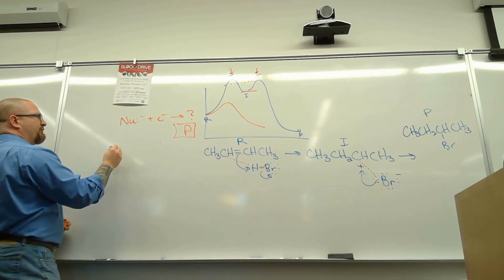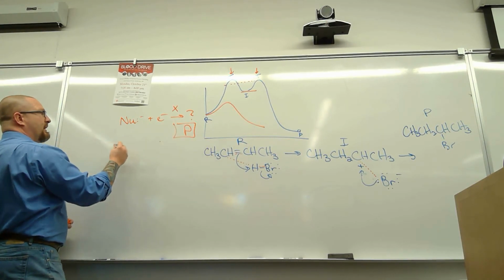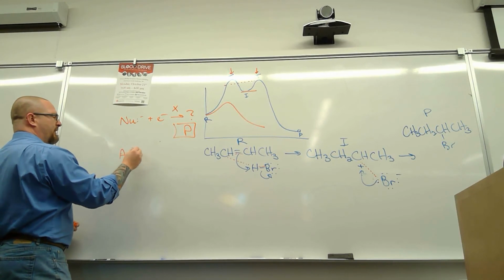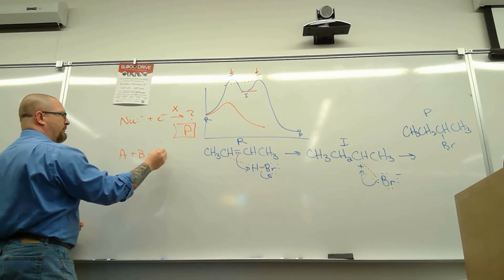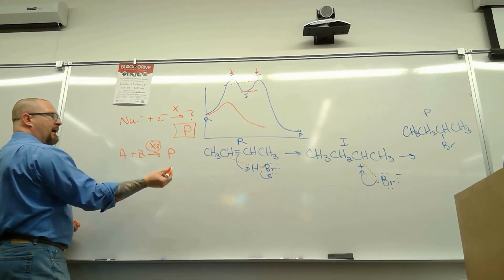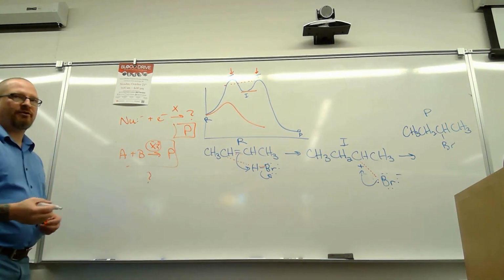And then you have the question, with reaction conditions X driving the reaction. And then let's say we've got some reaction and we want to go A plus B goes to product P. And the question is, how do you make this happen? And you have to flip the card over and say what the reaction conditions are.